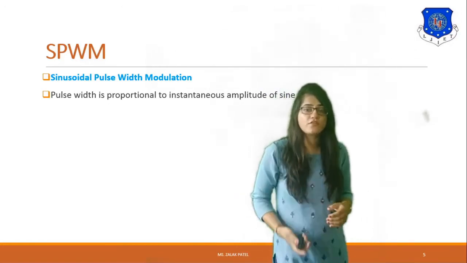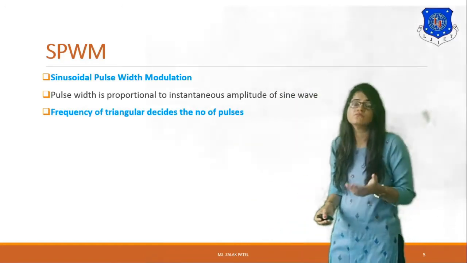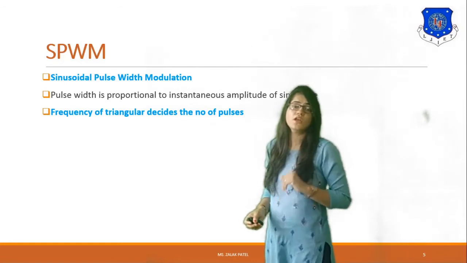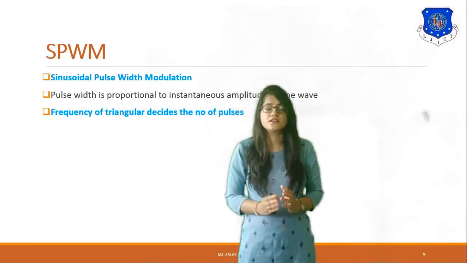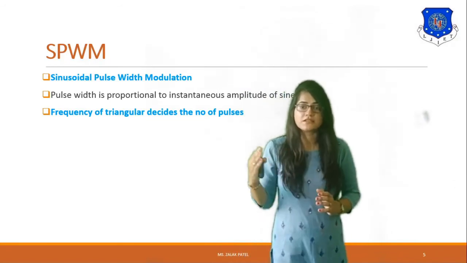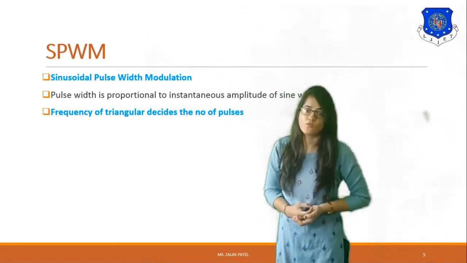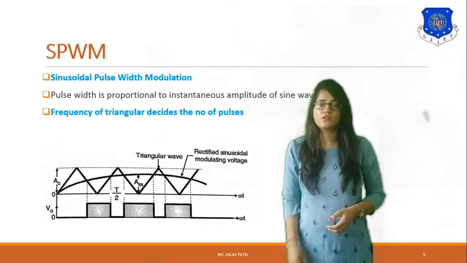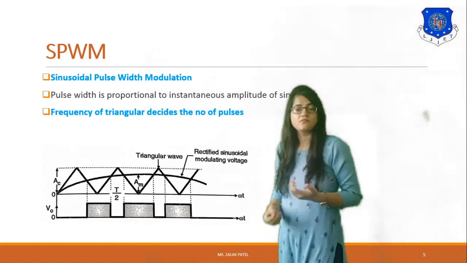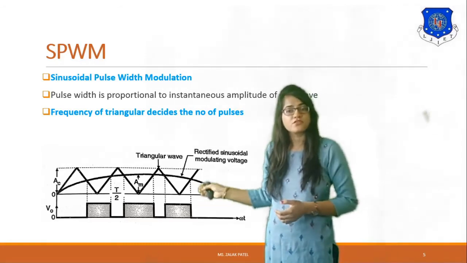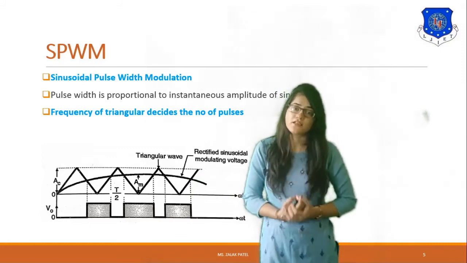So now let's see what will happen. Here again the number of pulses will be calculated from the triangular wave, means the carrier signal decides the number of pulses passing through it, and the reference signal decides the output frequency. Consider this figure. Here you can see a rectified sinusoidal modulating voltage and one sine wave and triangular wave as the carrier signal.